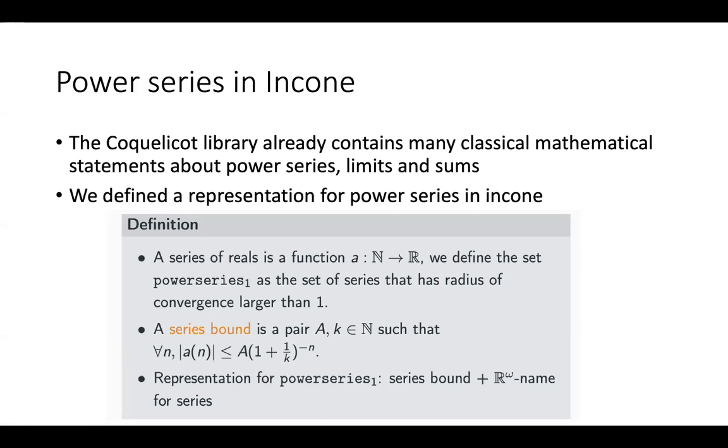And then the representation is given by the series itself and this bound. And then we can define all these operations in a uniform way. So I think we have started defining just the simple operations like multiplication, addition, and so on. And a next step would be to define ODE solving.